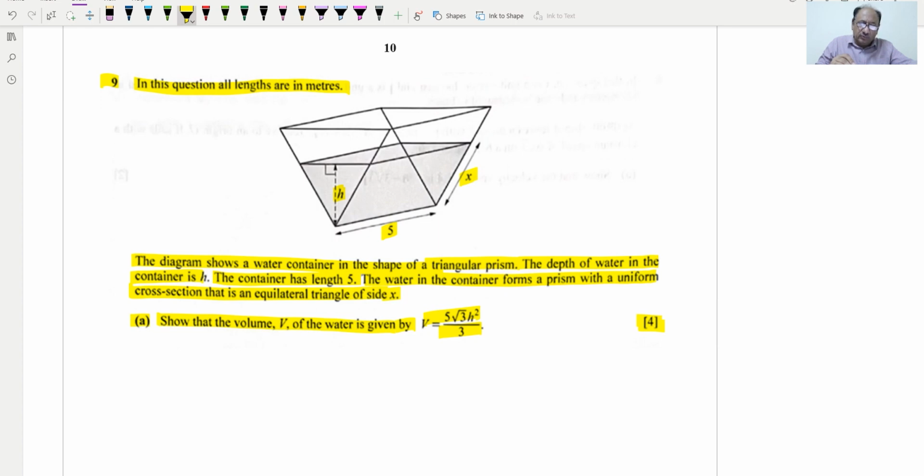Now what we can do, we can see the triangle. If we draw the triangle for your explanation, what I will do, I will take this triangle and up to this one.